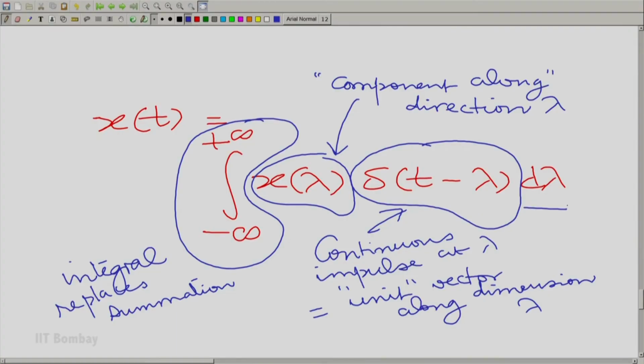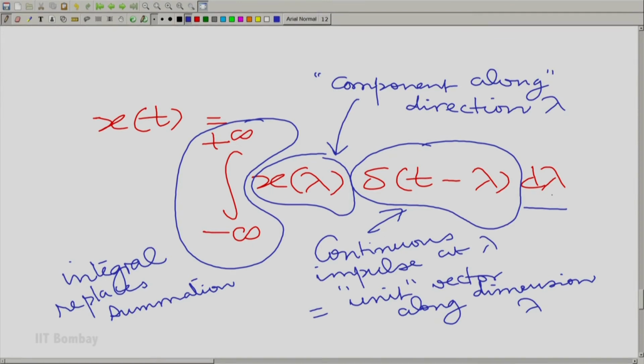Now, you remember that the unit impulse in continuous time required a little bit of work to explain. So, in fact, that is why we went from discrete to continuous here. It is easy to understand the connection between discrete variable signals and vectors first, and then move to the continuous context. But once we understand the connection between discrete signals and vectors, moving to a continuous context, as you can see from here in this expression, is not difficult at all.